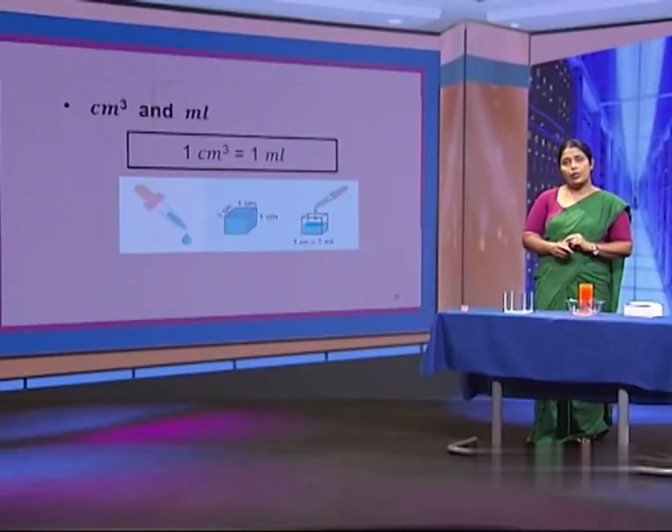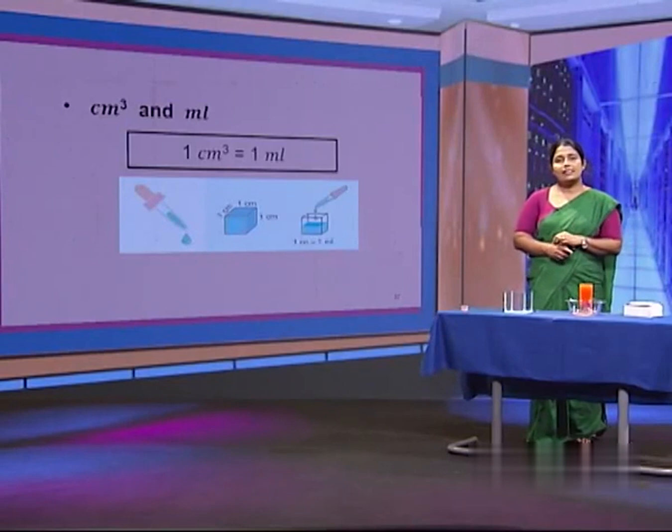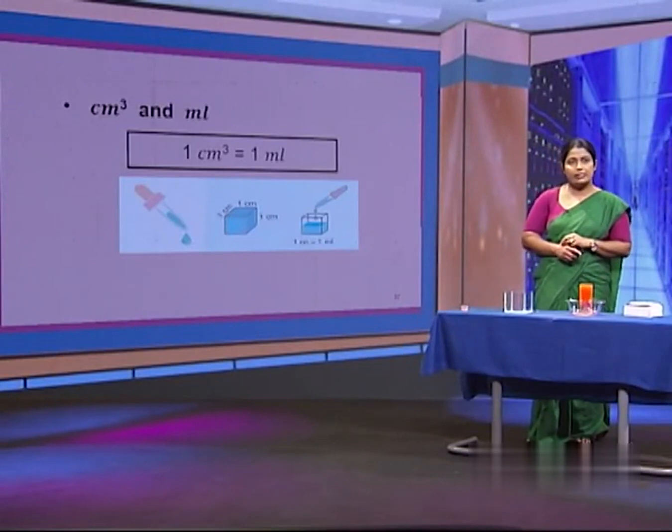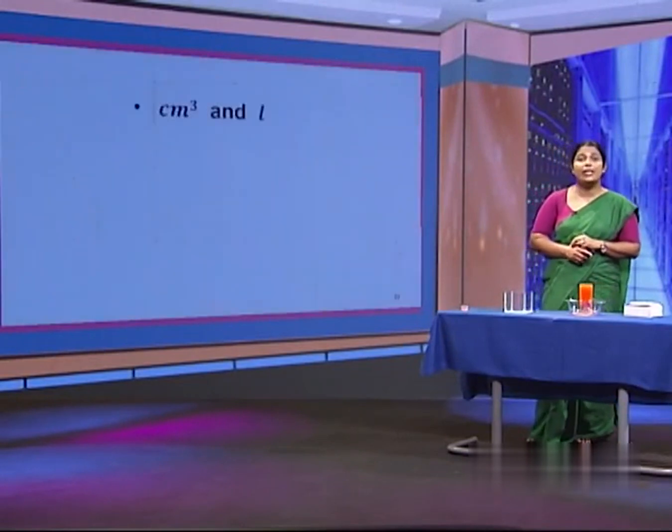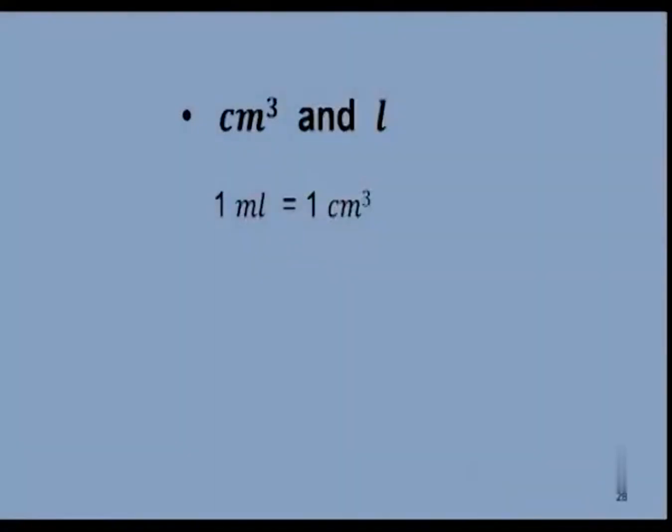Now I am going to discuss the second relationship, between cubic centimeters and liters. I told you that 1 milliliter is equal to 1 cubic centimeter. Now tell me, what about 2 milliliters? Yes, 2 milliliters is equal to 2 cubic centimeters.